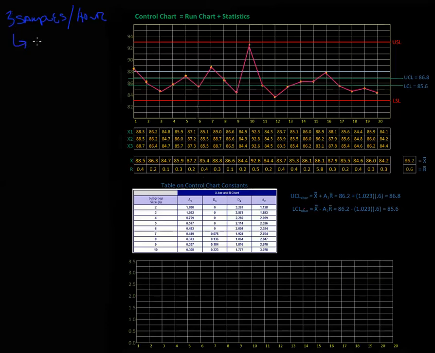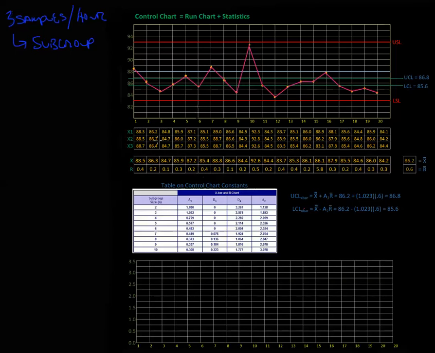This term, a sample size or a subgroup, is the data that we've collected here. So this table of data down here represents our subgroups. We've collected about 20 subgroups. So those are our 1, 2, and 3 samples. We calculated X bar and we calculated the range.